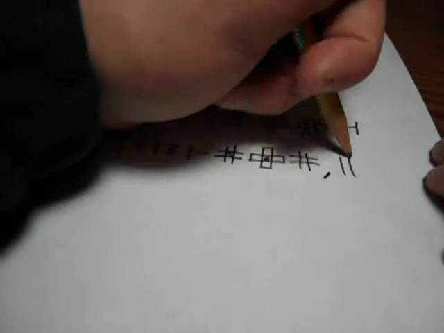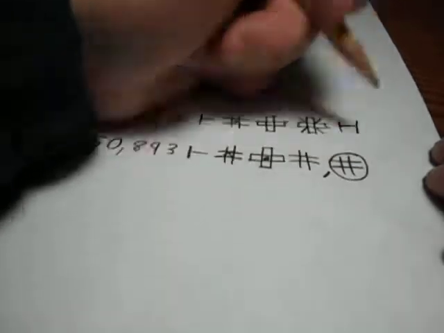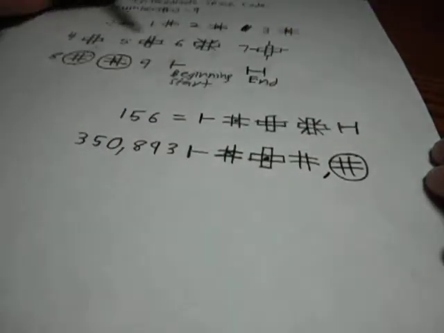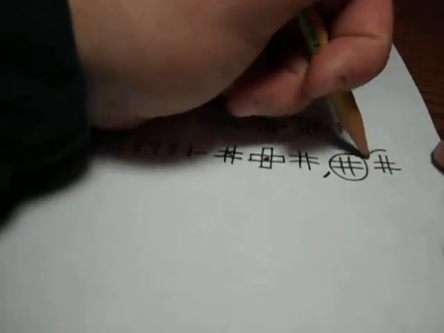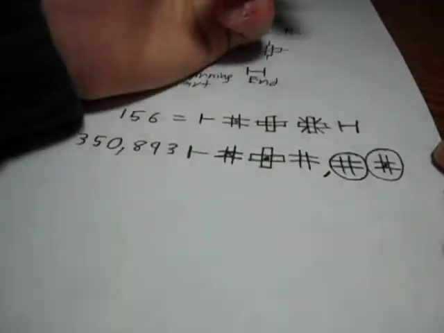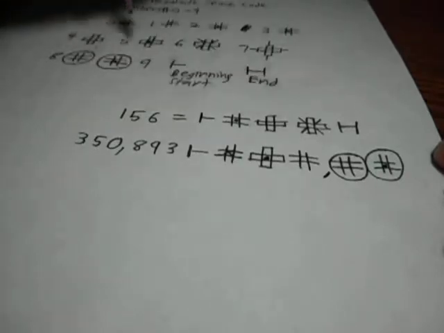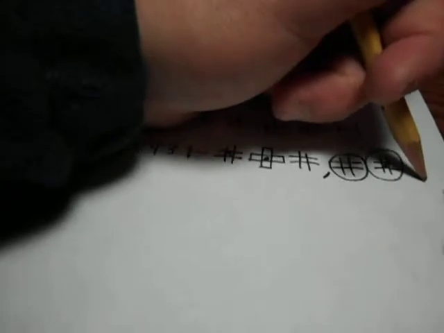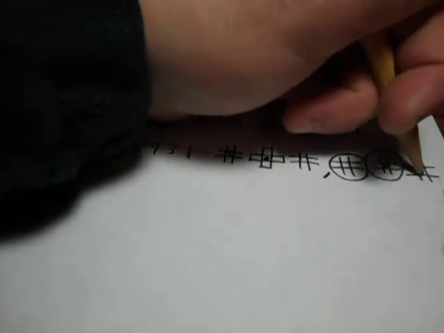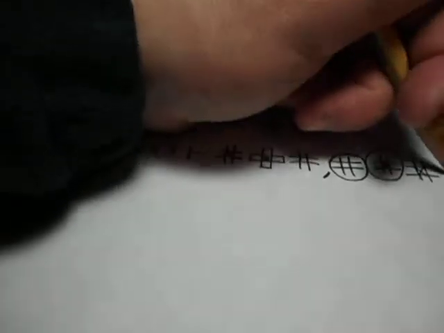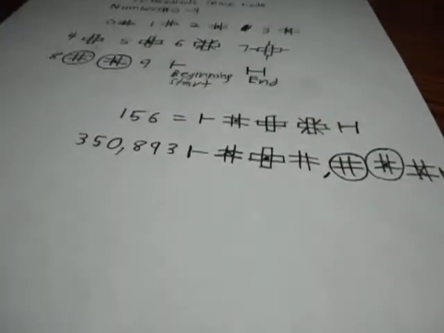And then you'd go to 8, which is basically just a hashtag with a circle around it. And you go to 9. Circle with a dot. And you just want this X. And then you would have this ending symbol.